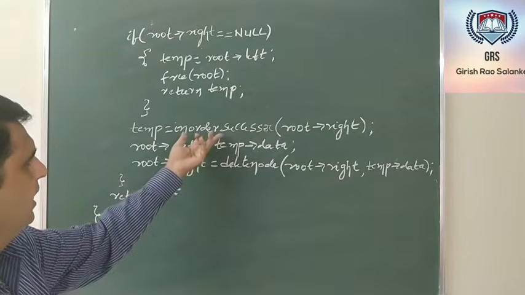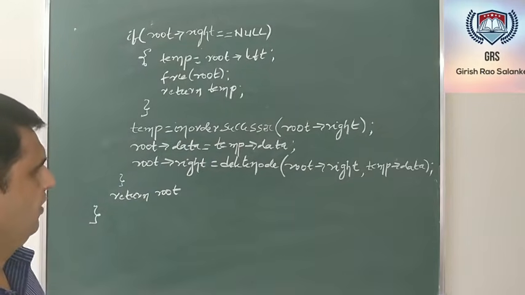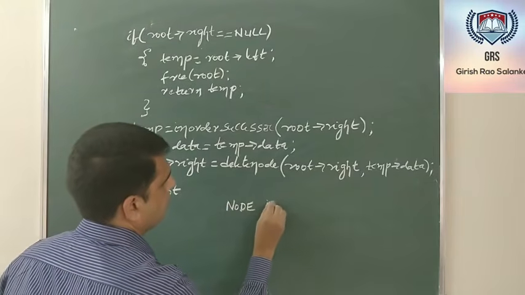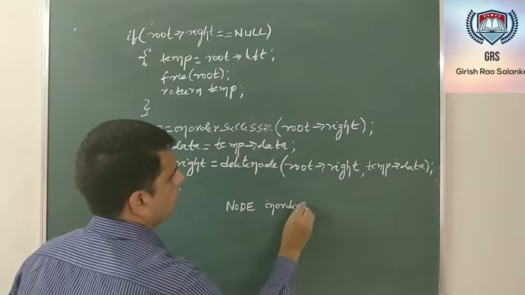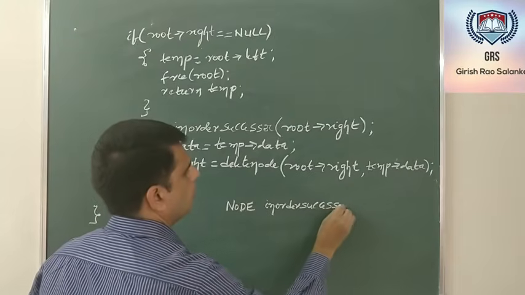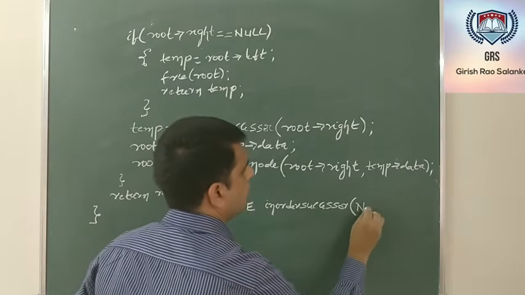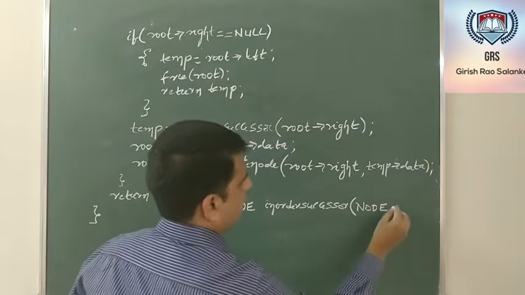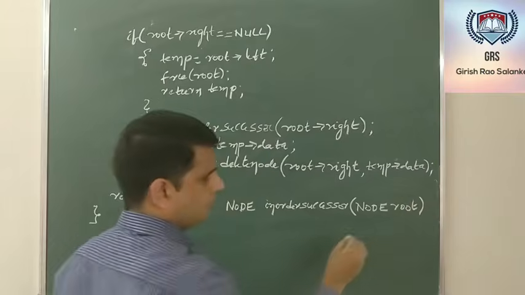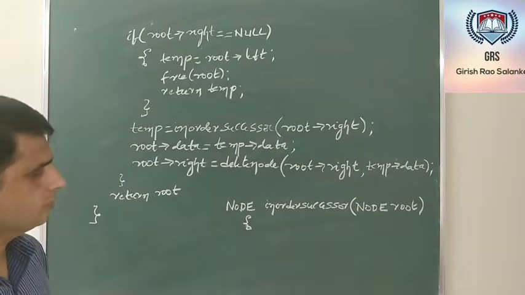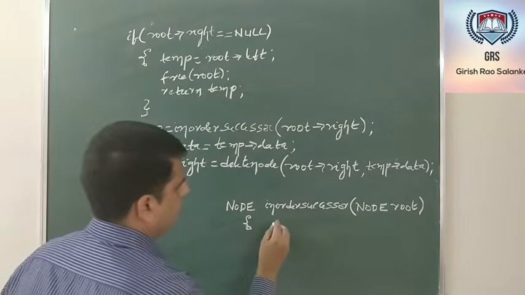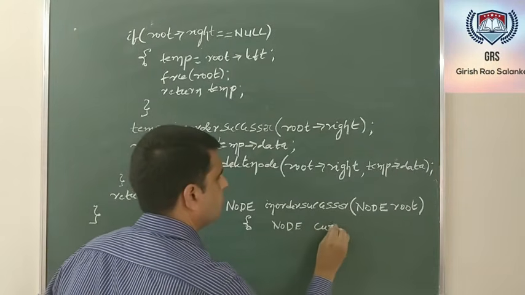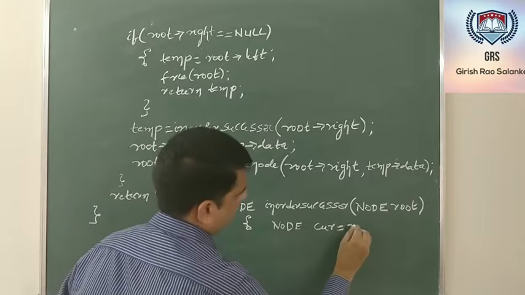Only thing is I need to write this in order successor function. It's quite easy. We'll write it here itself. Node in order successor of node, I'll call this root itself. Now node current initialized to root.